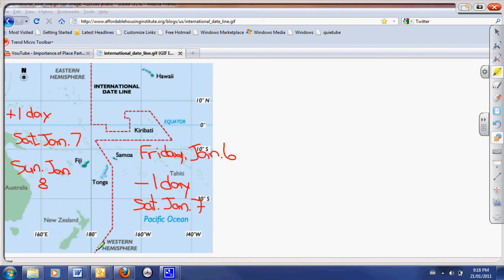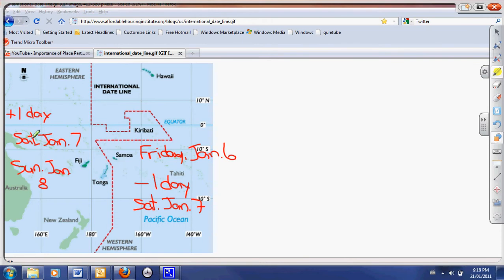In fact, there's a few locations where it does. Of course, here down next to Australia. And then the next time that you'll see it fade away from the 180-degree meridian is up north in the Arctic region. For the most part, it does follow the 180.